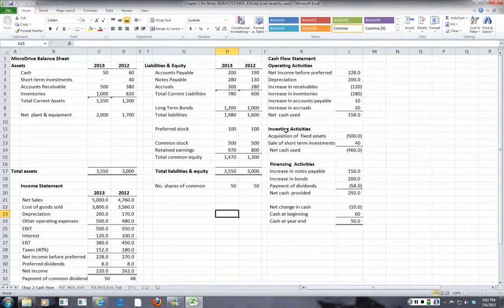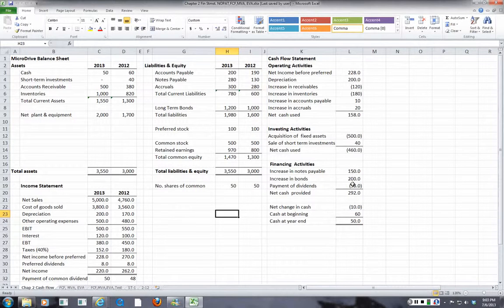Then we've got investing activities, and there's a big chunk here of increased acquisition of fixed assets of $500,000. That's a lot, so you want to find out how they financed that. In the financing activities, we can see that they increased notes payable by $150,000 and increased bonds by $200,000.